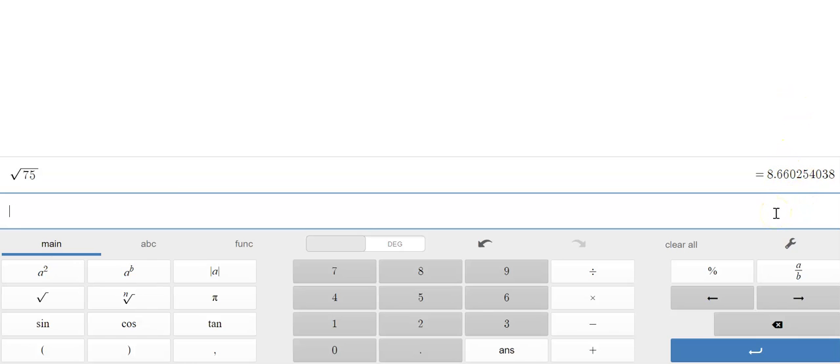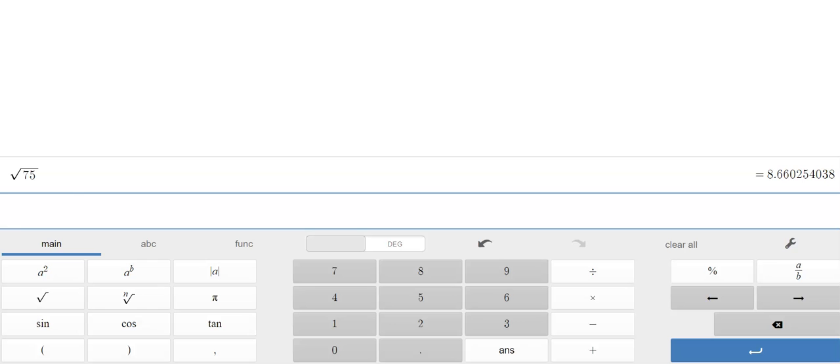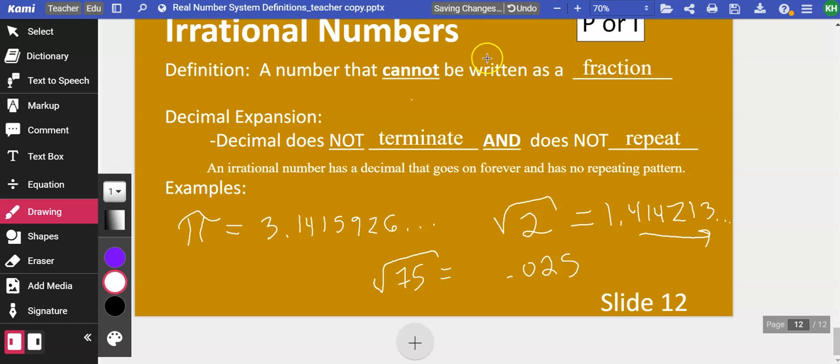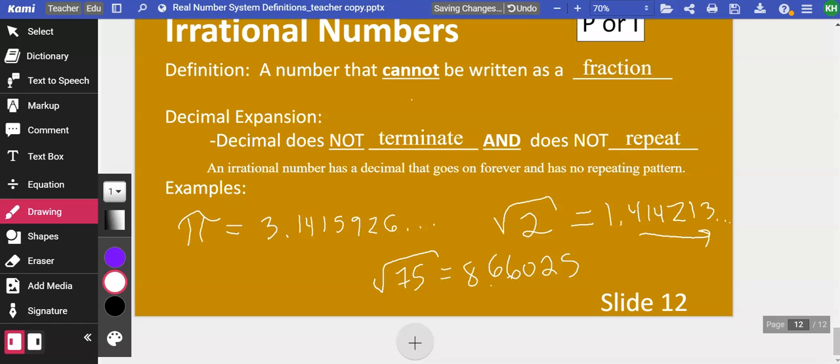The calculator would never be finished typing this answer. So the calculator has to round. So the square root of 75 is 8.660254038.